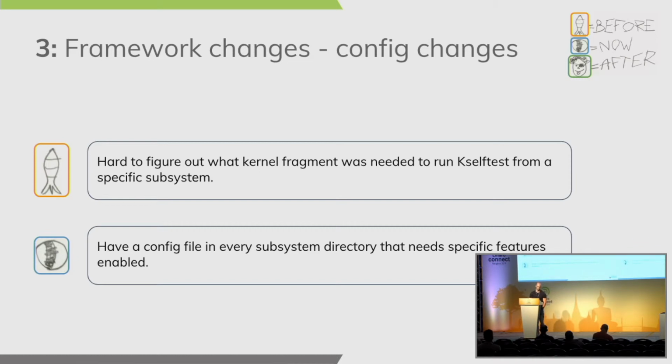And now there is a file in every Kselftest subdirectory that you could run, so you know what fragments you need to enable. And in the top makefile you can do Kselftest merge, and that will merge in all the fragments that you need to run all of Kselftest. Everything.